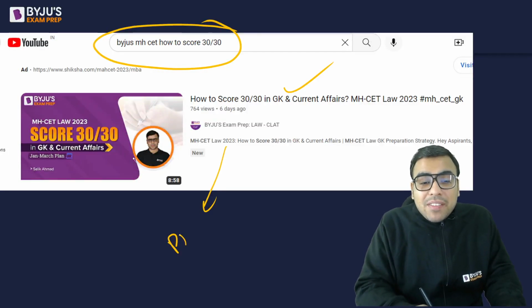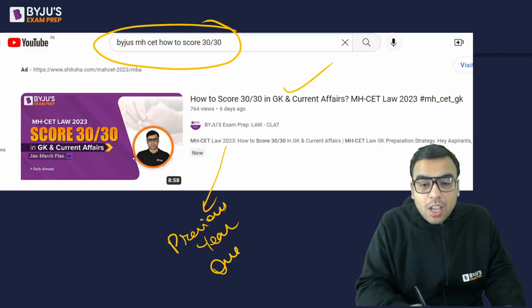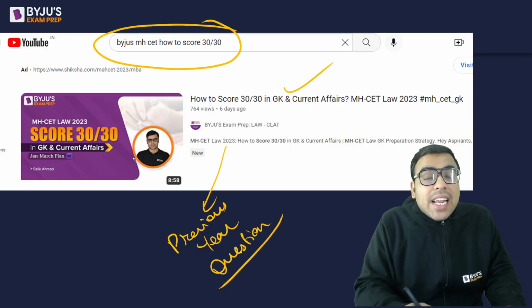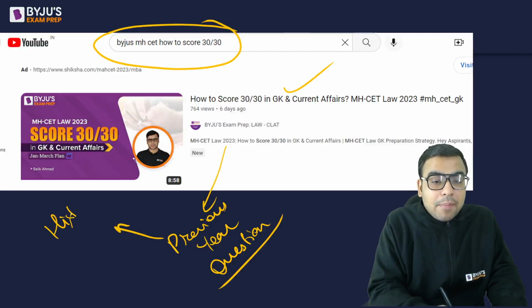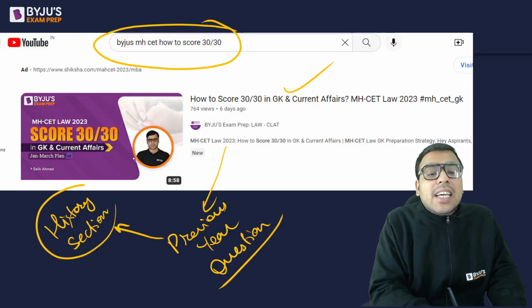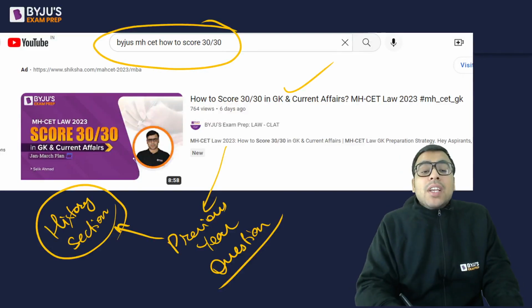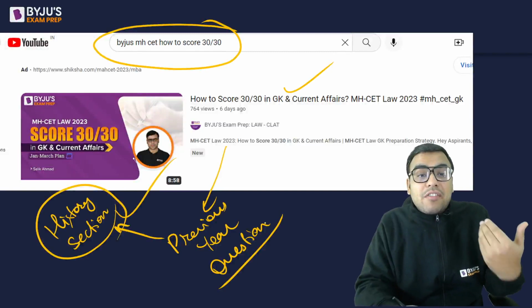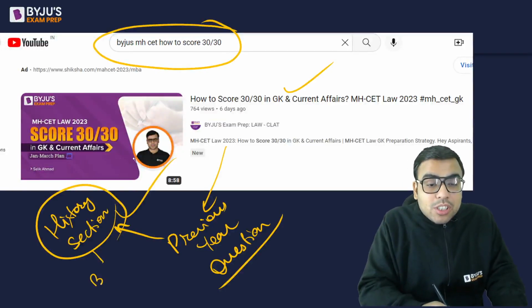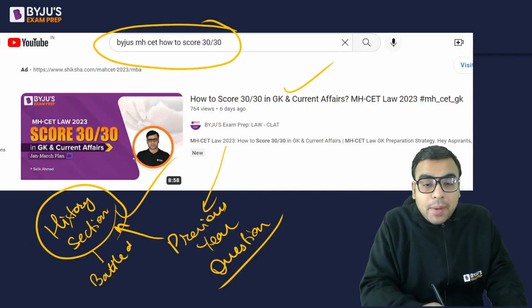If you see the previous year questions of MH-CET, you will realize that one important section is the history section, which is actually asked in other exams as well. In this history section, they have asked questions on different famous battles, like the most famous one, the Battle of Panipat.